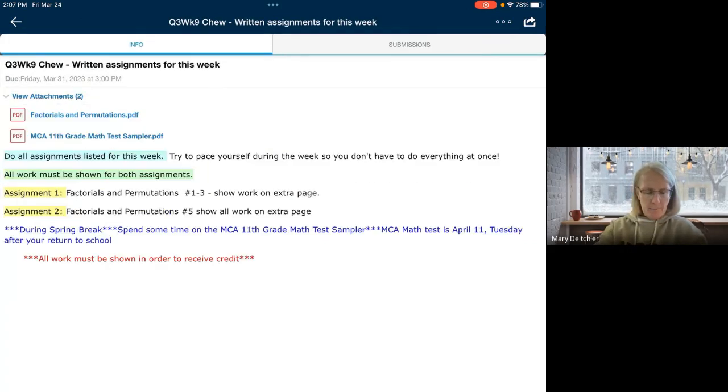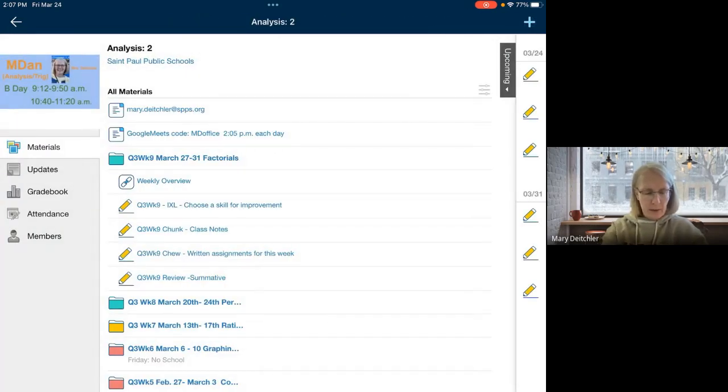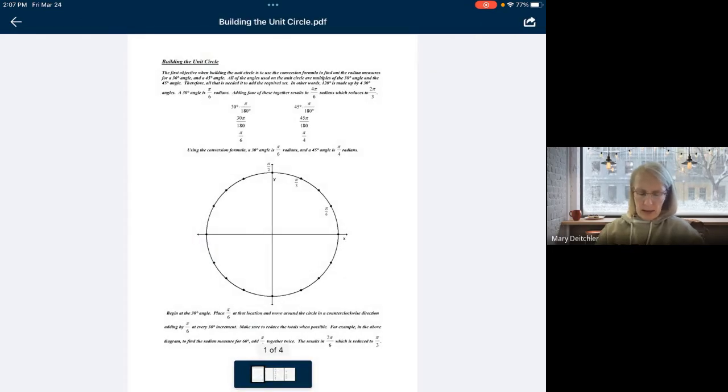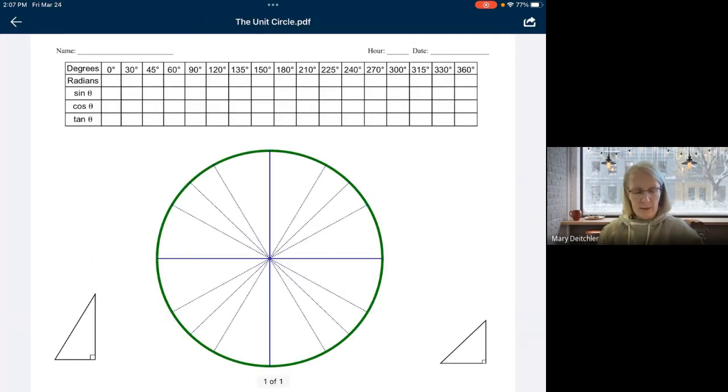And then when you open up the second assignment, whoops, sorry about that. When you open the second assignment, that'll give you another worksheet, the unit circle, fill out the grid. That's the second assignment this week. You can work out your assignments on Notability, submit them into Schoology, or write everything out on paper.